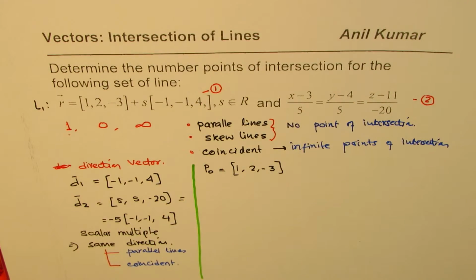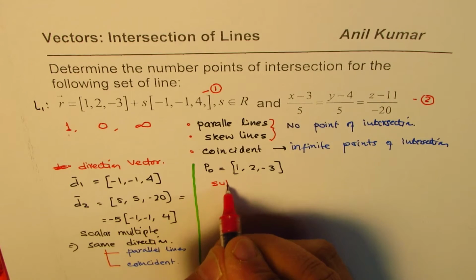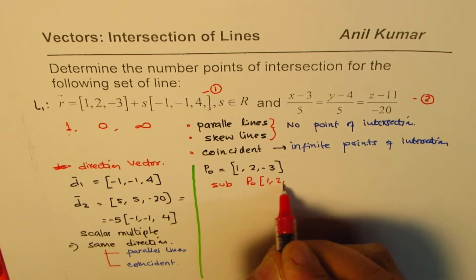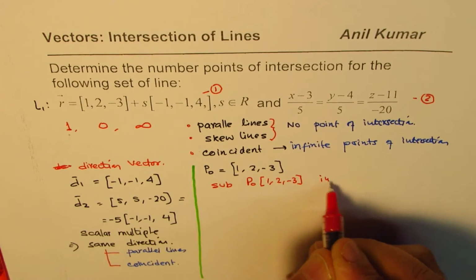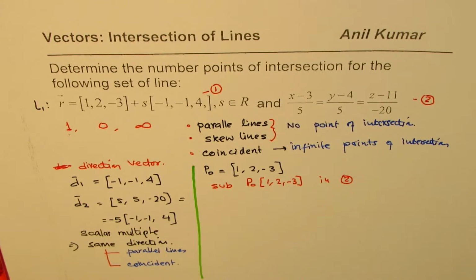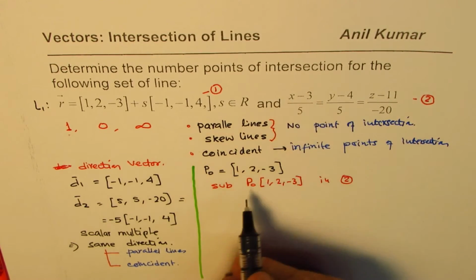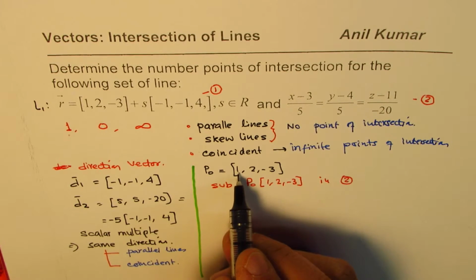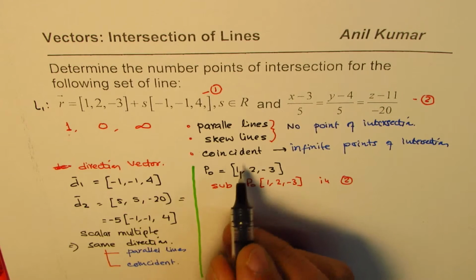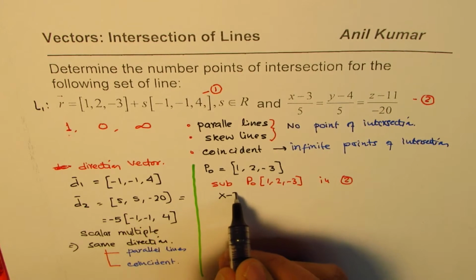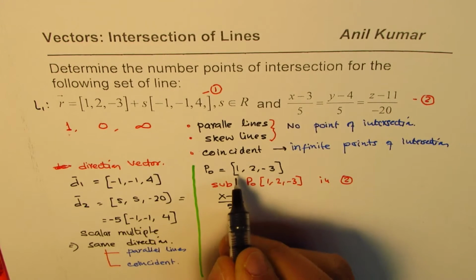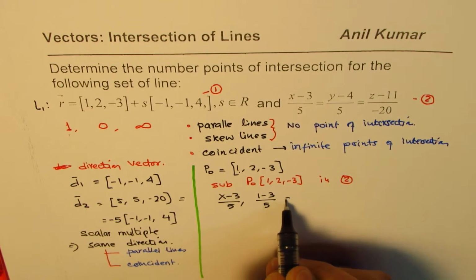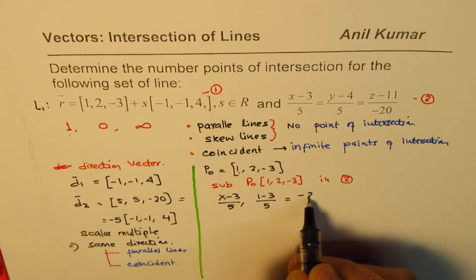So when I substitute the position vector 1, 2, -3 in line 2, what do I get? For x minus 3 over 5, I substitute x equals 1, so I get 1 minus 3 over 5, which is equal to -2 over 5.